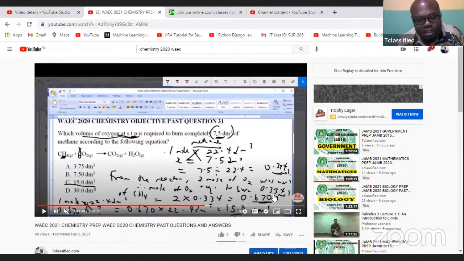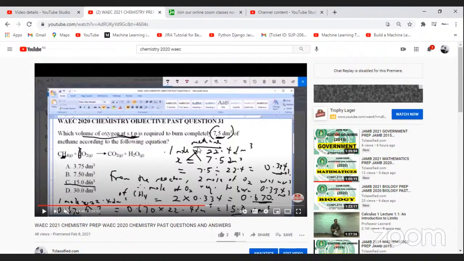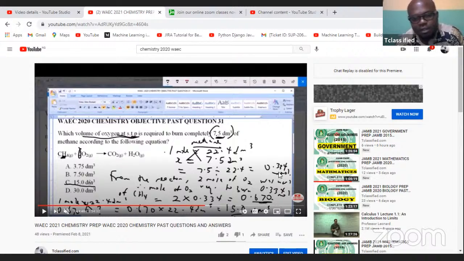So 0.33, how many moles of oxygen will it give us? It will give us 0.67 moles of oxygen. So this 0.67 moles of oxygen, what volume does it contain? Since 1 mole of oxygen contains the volume of 22.4. So we went from solving for methane to solving for oxygen, by knowing the relationship between methane and oxygen, here it's 1:2.